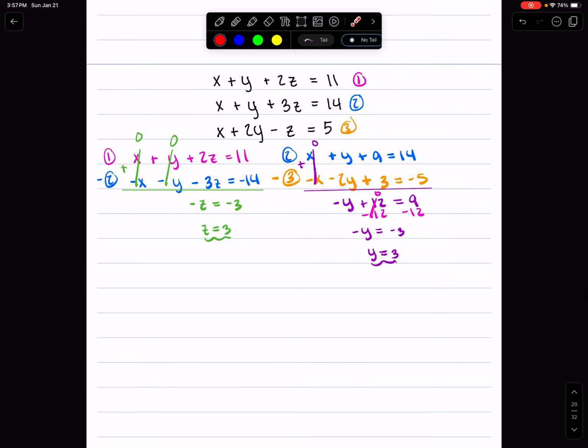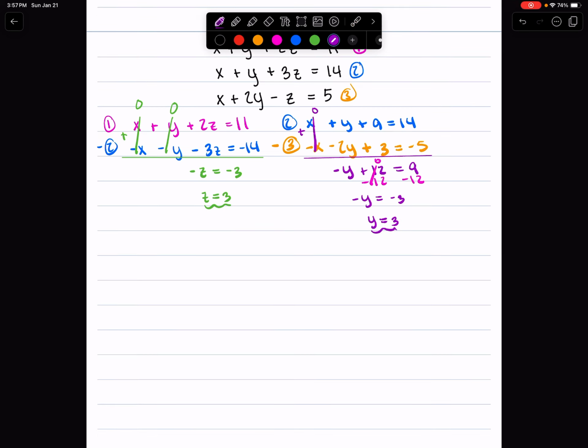We can find x by plugging our y and z into any of these equations, or we can use what we created right here and plug y back in. There's a bunch of different options. I like to just plug my parts into one of my equations. It keeps me personally from getting confused.